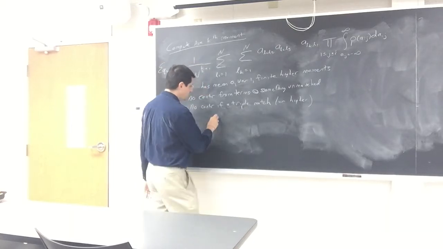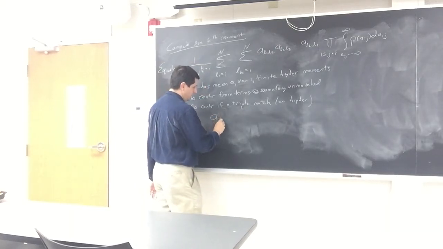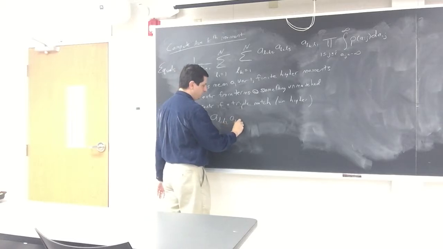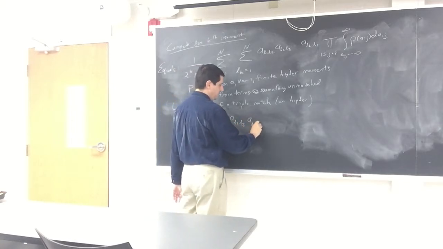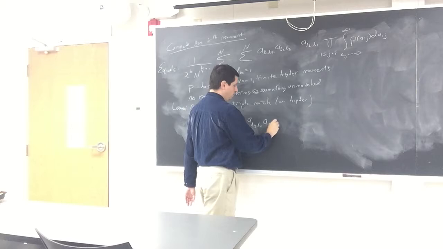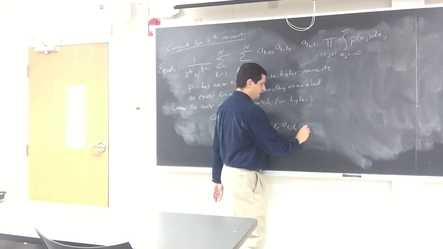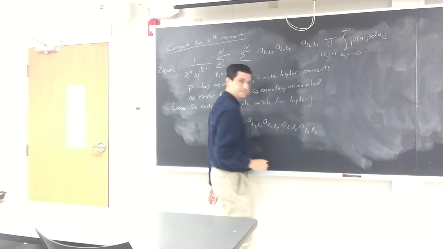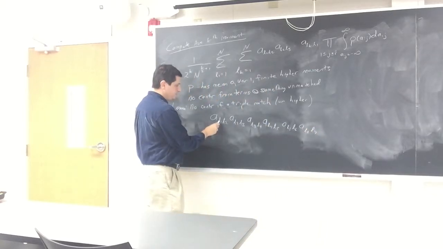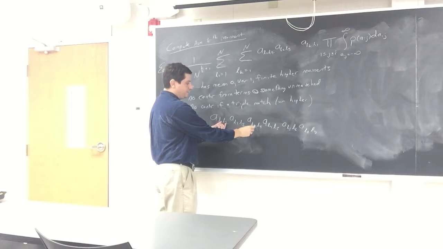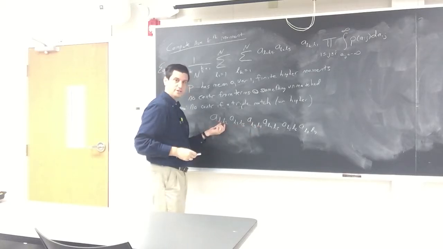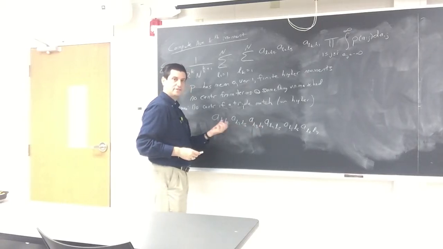So let's say we have A L1 L2, A L2 L3, A L3 L4, A L4 L5, A L5 L6, A L6 L7. Matching means L1 L2 is the same as either L3 L4 or L4 L3. It's a real symmetric matrix, so they have to have the same indices.